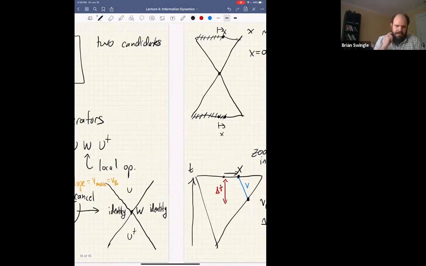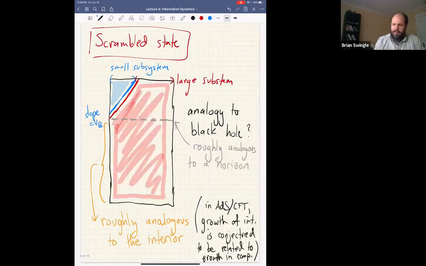Yeah, if you go to this picture and you think that I take away the small subsystem is what I call the radiation, say. So I just keep adding more and more to the radiation until eventually the small system is actually the big subsystem, right? It has more than half the degrees of freedom. And then what will happen is that the surface will now go like this.